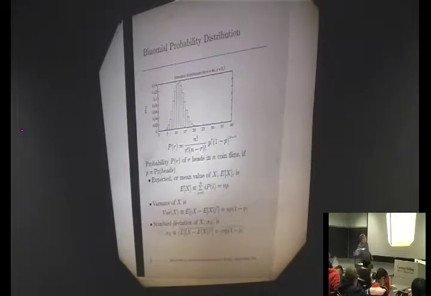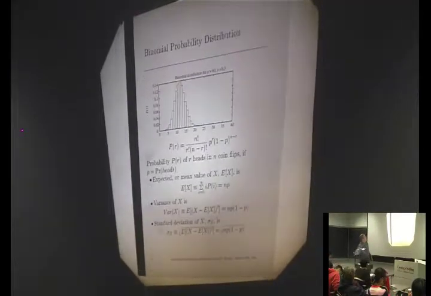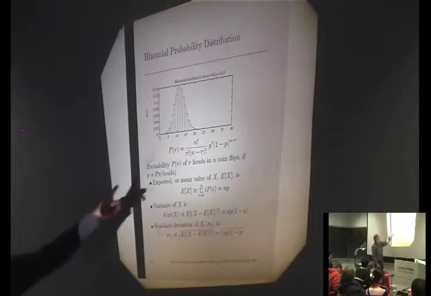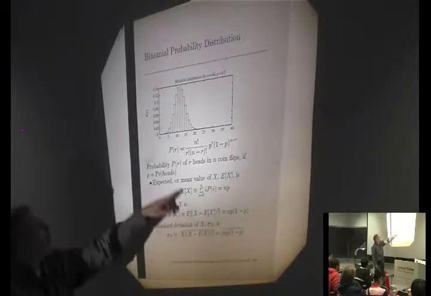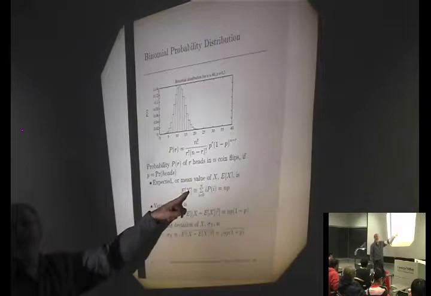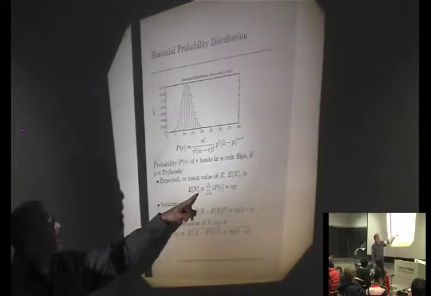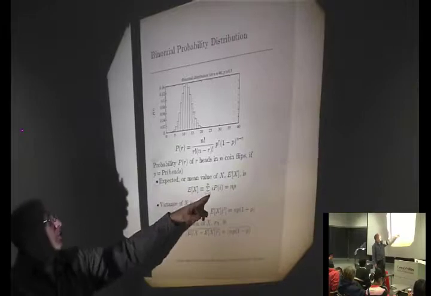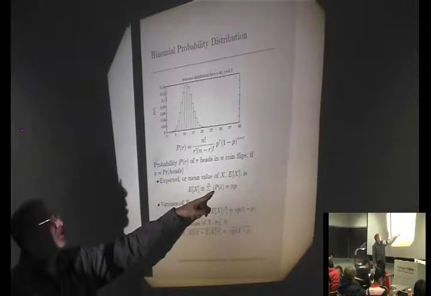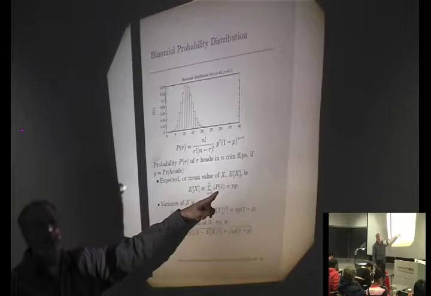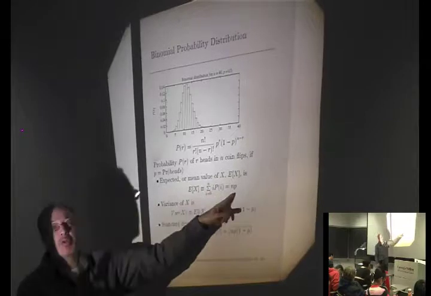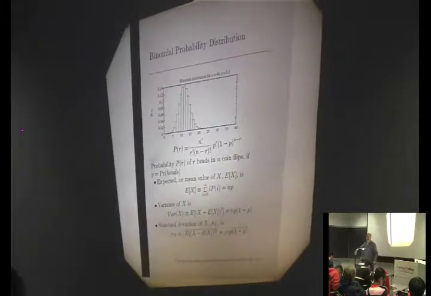What I wanted you to see here is the expectation of this value. The expected value of the random variable X, namely the expected number of heads, is defined as the sum over all possible numbers of heads multiplied by the probability of getting that number, and this comes to n times p.